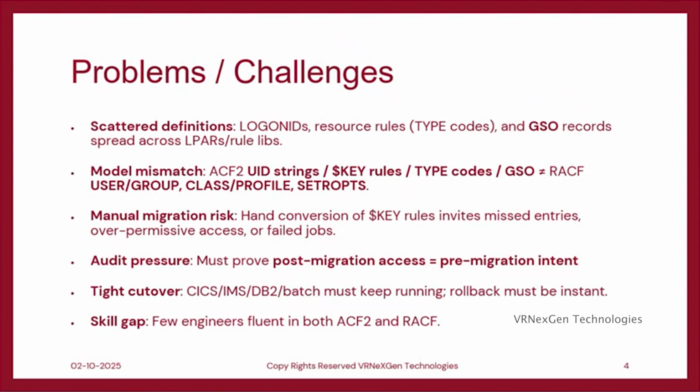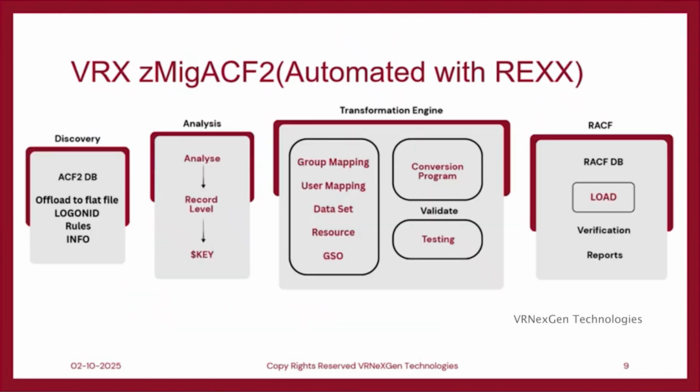Those things have been taken in a deep dive, and our extraction and automated utility has been defined in such a way as to extract the complete details and get into deep record-level analysis, with record-level understanding of the key rules and the types.